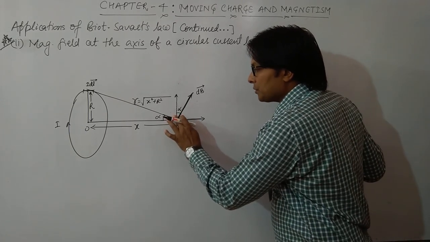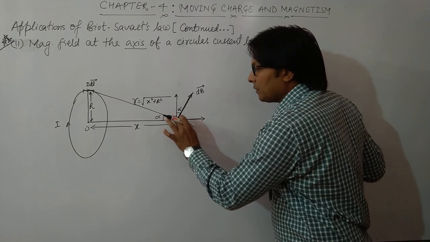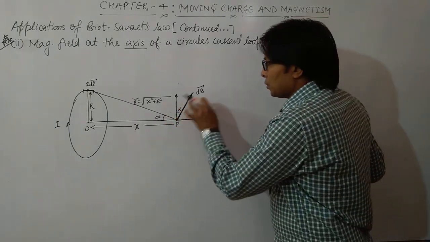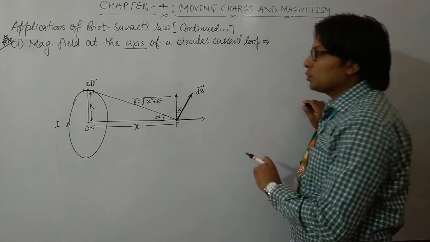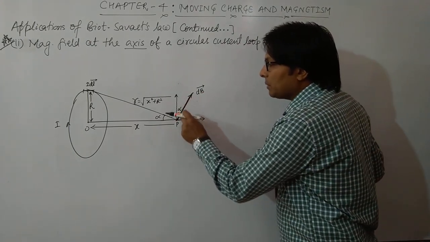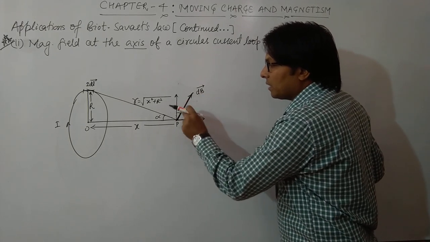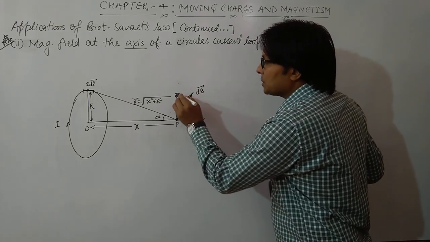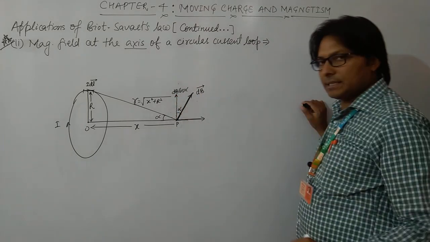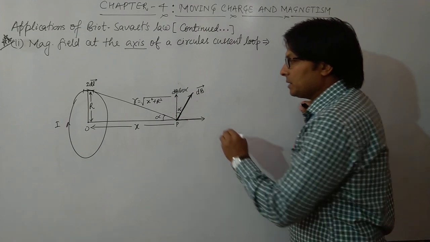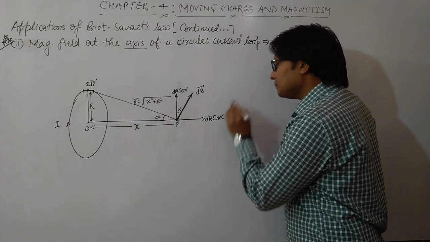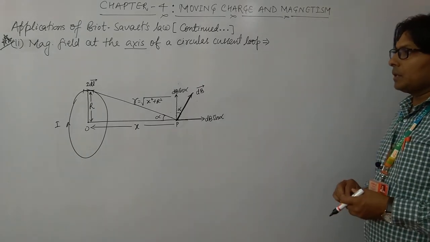If this is alpha, then definitely this will also be alpha. So this dB can be split into horizontal and vertical components. The horizontal component will be dB cos alpha, and the vertical component of this dB is dB sin alpha in this direction.